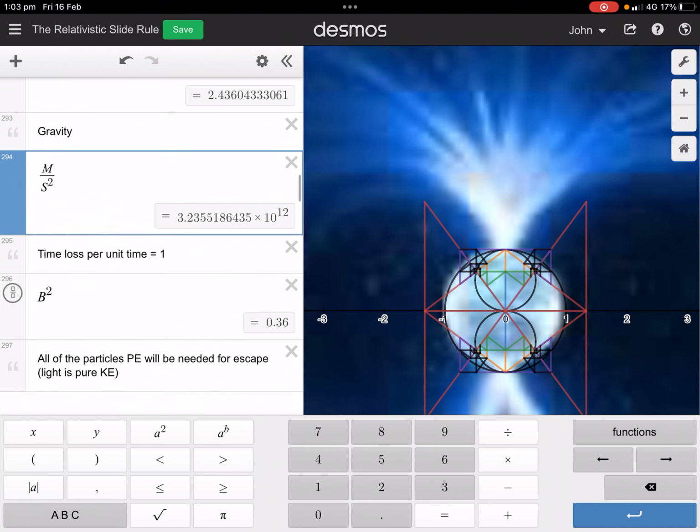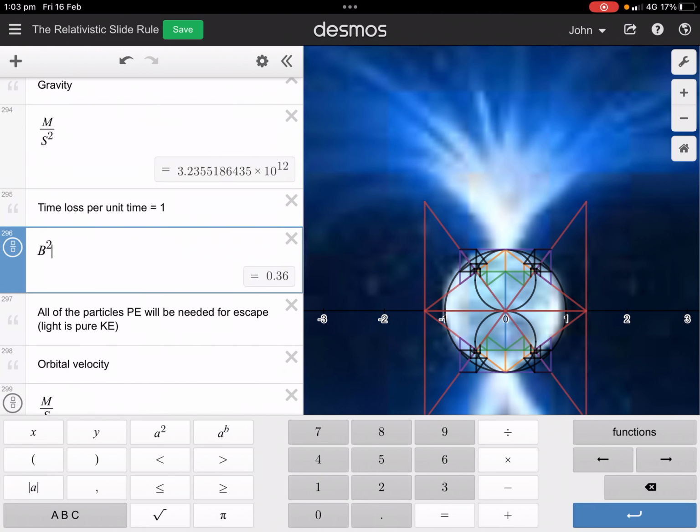Gravity is huge. Okay, you see that's 0.36. What that means is, let's subtract 1. It means that for, say, 1 year in outer space, only 0.64 of a year is going to pass on the surface of the neutron star.